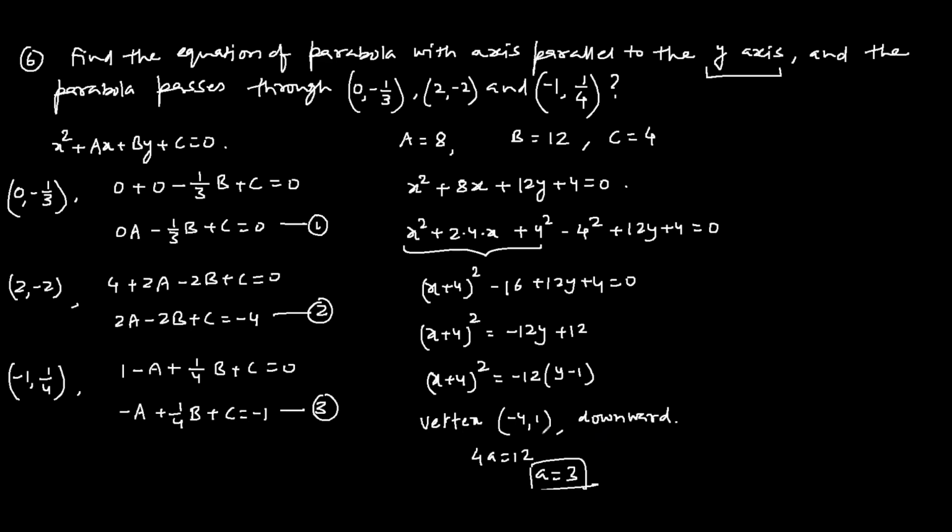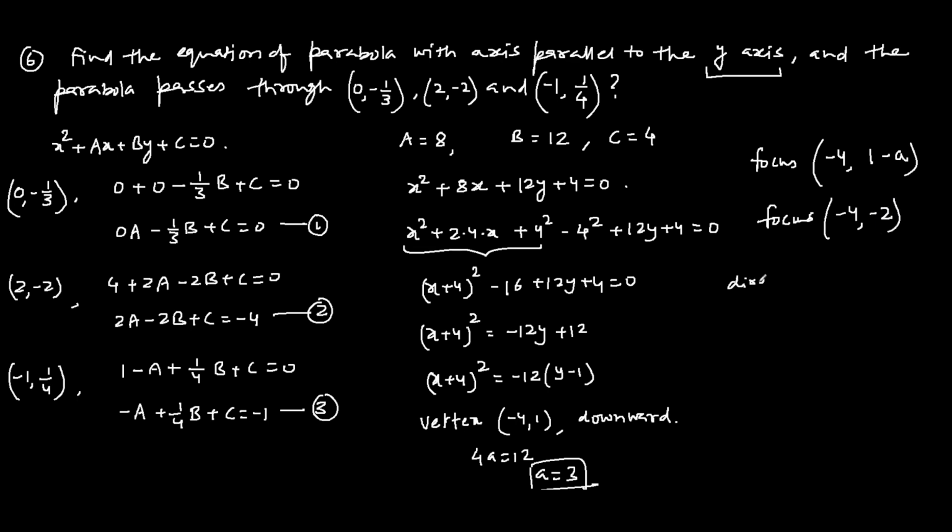It means the focus is lying at a distance 3 from the vertex, below the vertex. So for the focus, the x coordinate remains unchanged, the y coordinate should be 1 minus a. So the focus is minus 4, 1 minus 3 is minus 2.